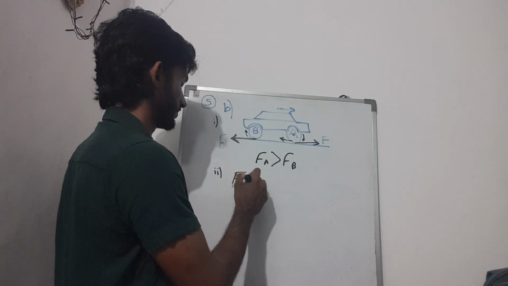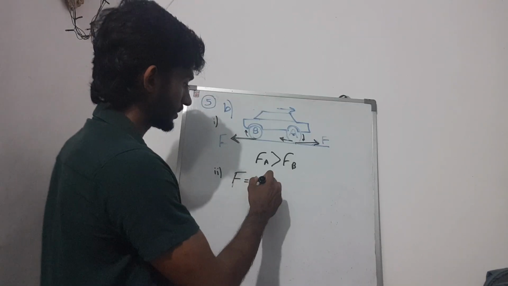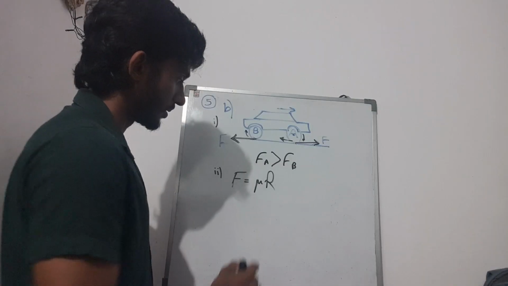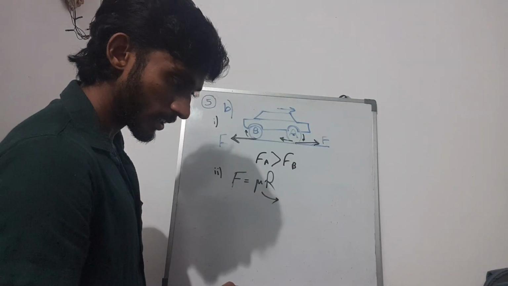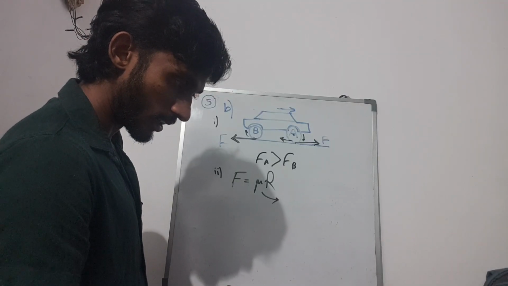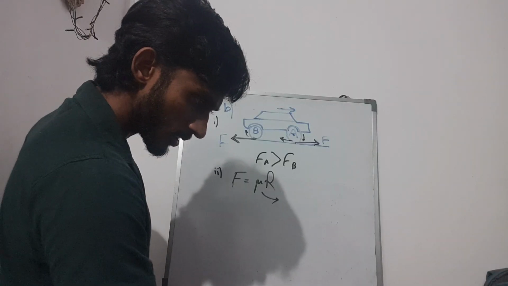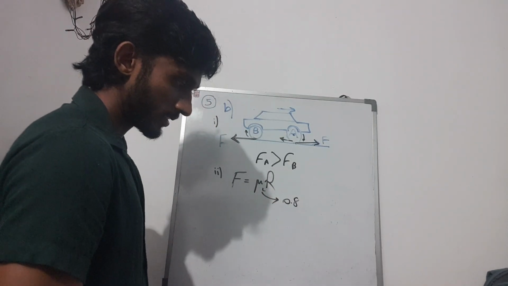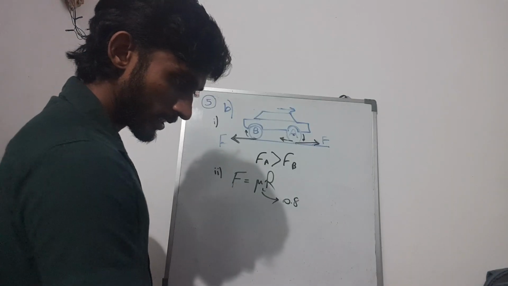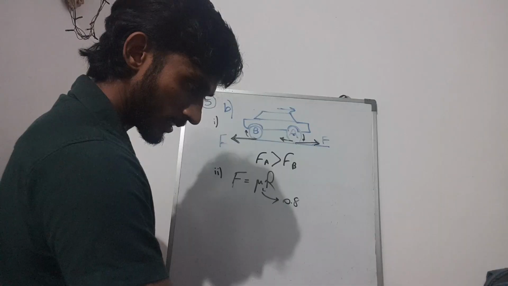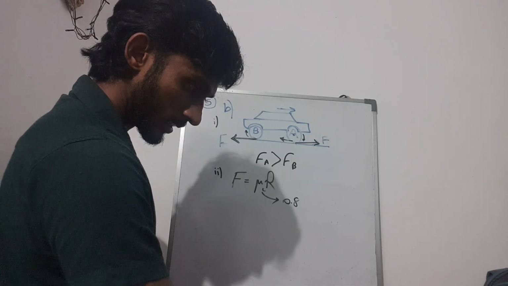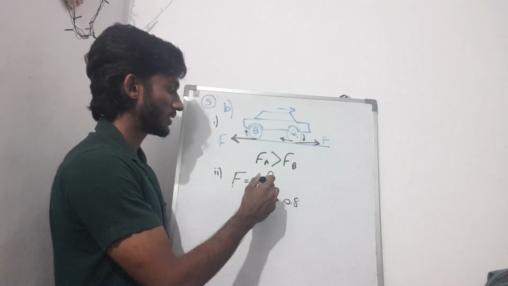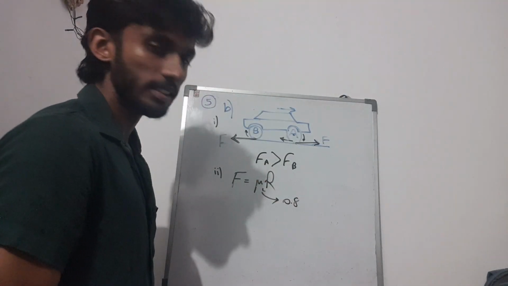Friction force equals mu R. Mu is the limiting friction coefficient, mu L is 0.8. The maximum initial driving force is given when the friction is at the limiting friction.